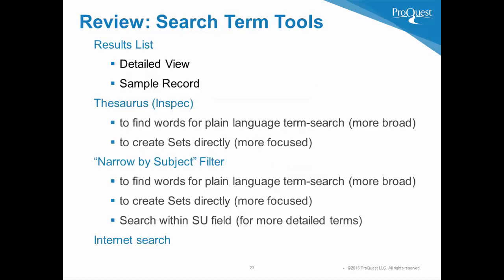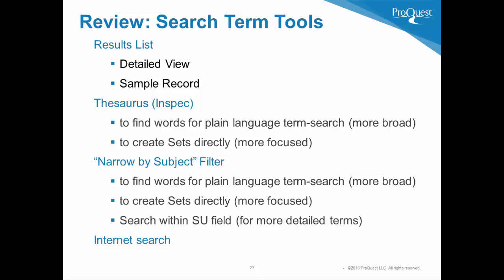And then we turned to different search tools that you can use in doing your searches. We saw how you can use the results list itself to suggest additional terms. If you don't see helpful new terms in the titles alone, you can use the detailed view to see part of the abstract. You can also download a sample record or two, pick a record that looks especially good, and see what useful terms might be in that record before you go back and try again.